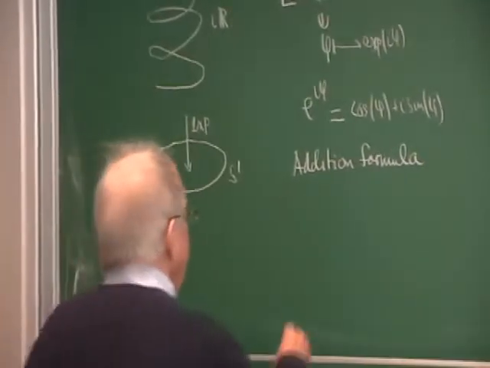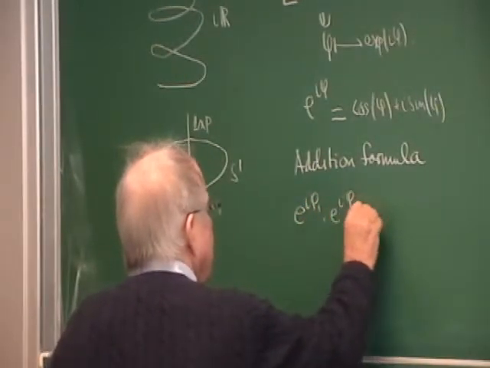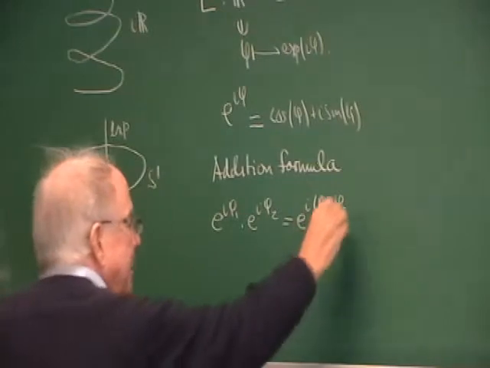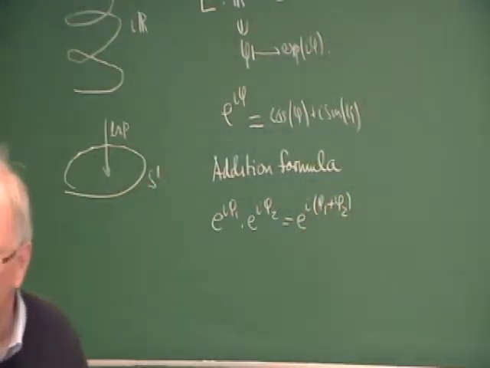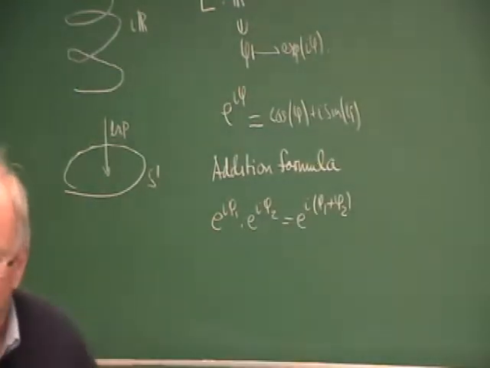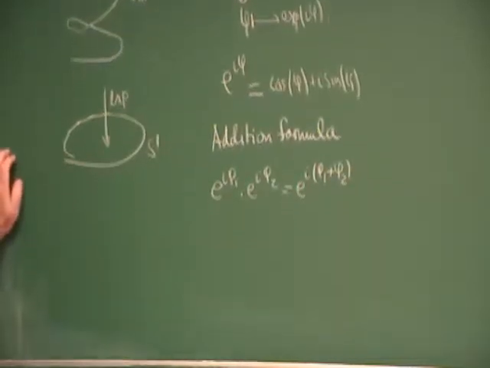And the addition formula is e to the i phi 1 times e to the i phi 2 is equal to e to the i (phi 1 plus phi 2). That is the addition formula. All you have to do is put in what is cosine and sine, and you get the addition formula. Okay. So everything that you know about trigonometry is in this picture, having understood it, and the key thing is that you have X, and it's a surjective mapping, which is a local diffeomorphism. It couldn't be better. That's everything.